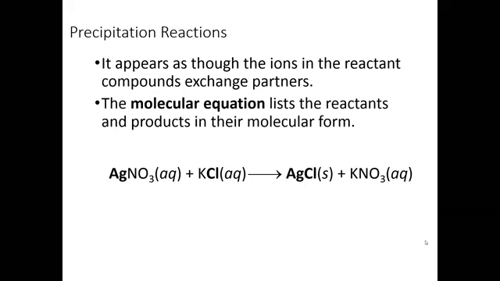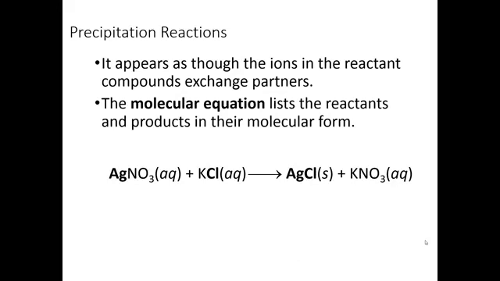If you study this reaction carefully, you will notice that the K+ and the Ag+ tend to switch partners as they react. By that I mean, notice that the silver ions on the reactant side are combined with the nitrate ions, but on the product side are combined with the chloride ions.